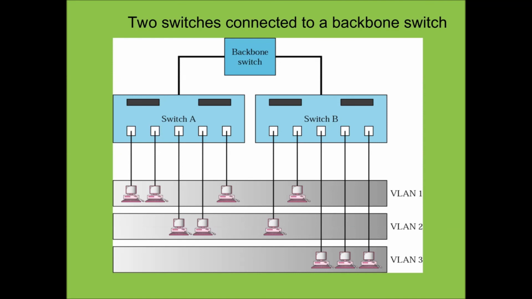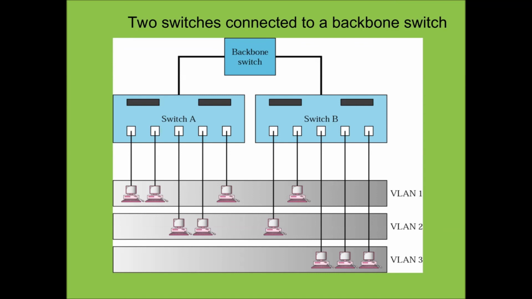Two switches connected to a backbone switch. Over here, this is another concept of connecting VLANs to switches, and two switches to another switch. This is the previous diagram but enhancing the concept of two switches connecting to a backbone switch. You can see VLAN 1, VLAN 2 and VLAN 3.